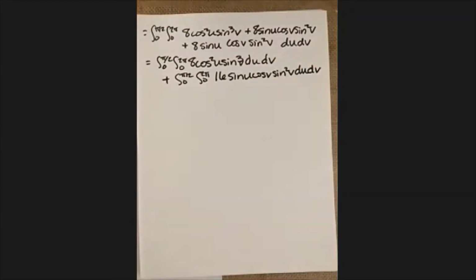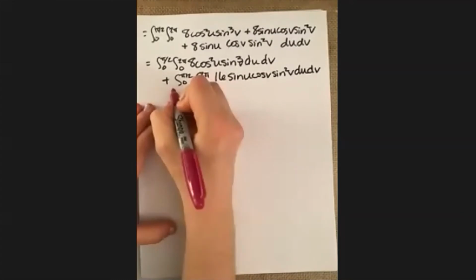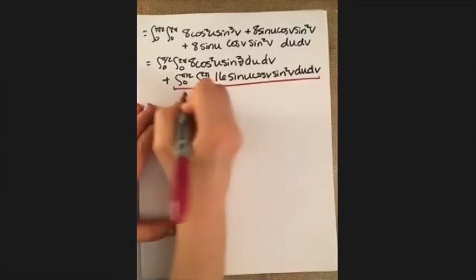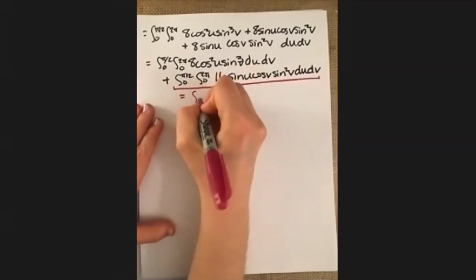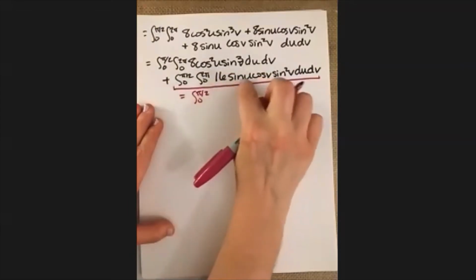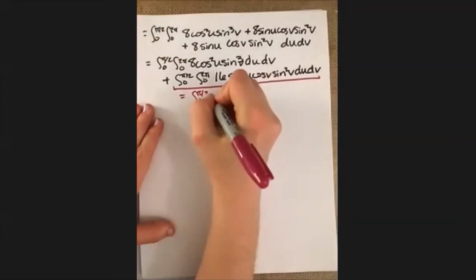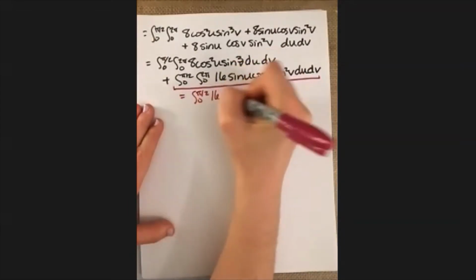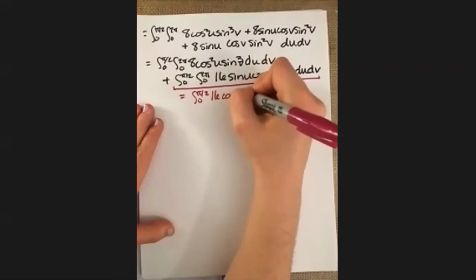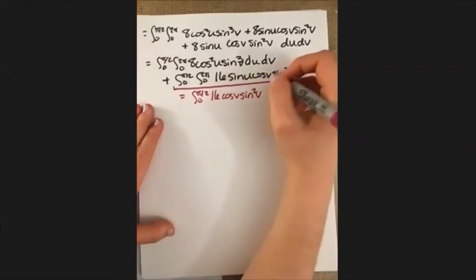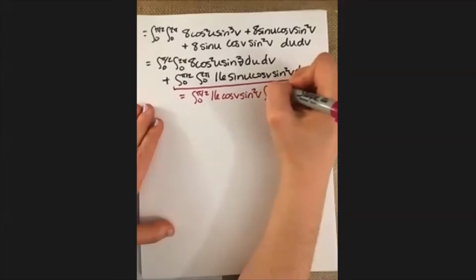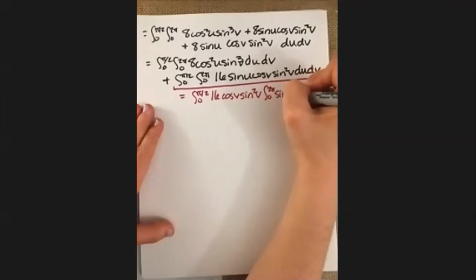Now, we note that this second term is equal to the integral from 0 to pi over 2, and I can factor all the stuff that has to do with v to the outside, so 16 cosine v sine squared v, and then we have the integral from 0 to 2 pi of sine u du dv.